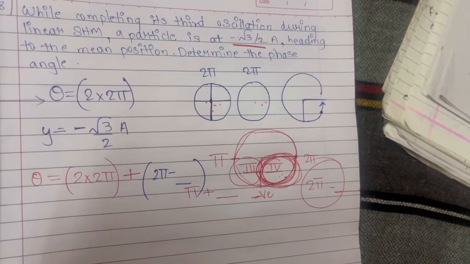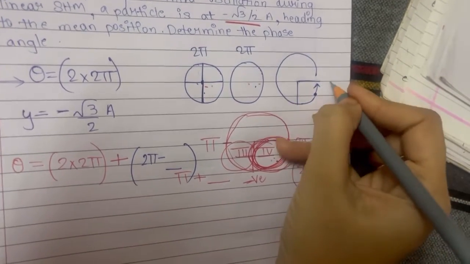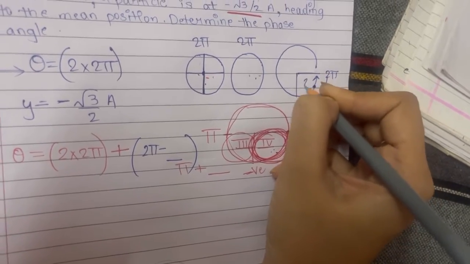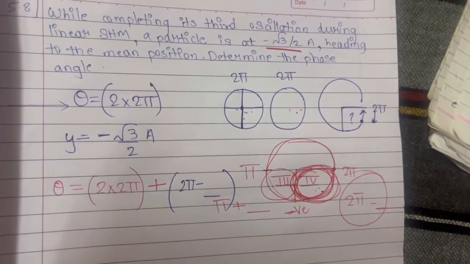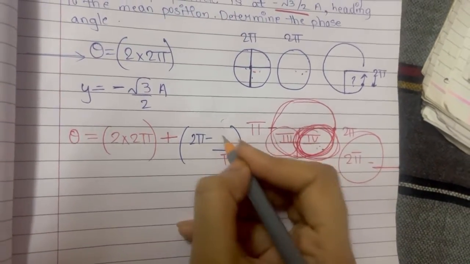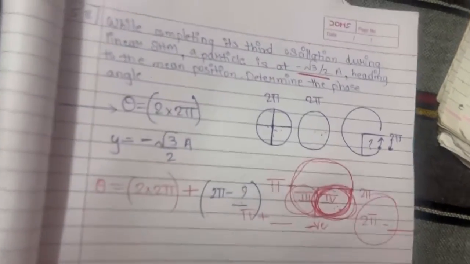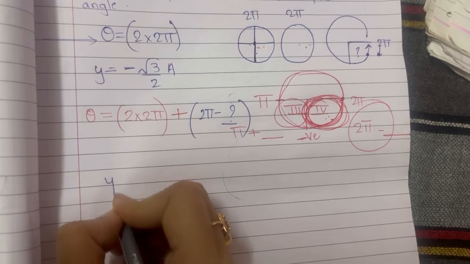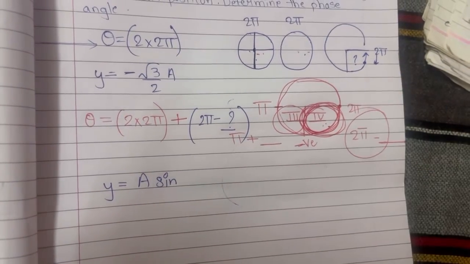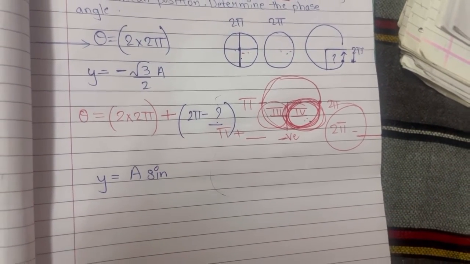So for the fourth quadrant, I'll have to write some phase angle. So this is 2 pi minus something, meaning my particle is somewhere in this quadrant. But minus how much? I need this. So this is given to me, so from this I'll find out. I have the formula, y is equal to a sine, again it is talking about the mean position, so we will keep phi as 0.